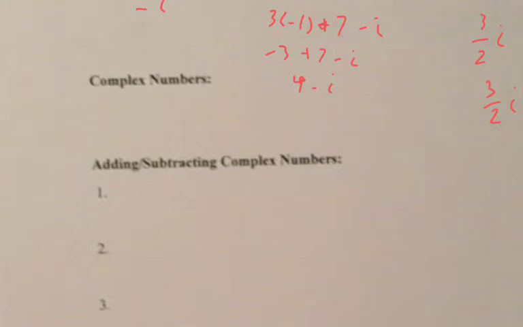Alright, so let's talk about complex numbers. What is a complex number? It's written as a plus bi. So a is your real number, and bi is your imaginary number.